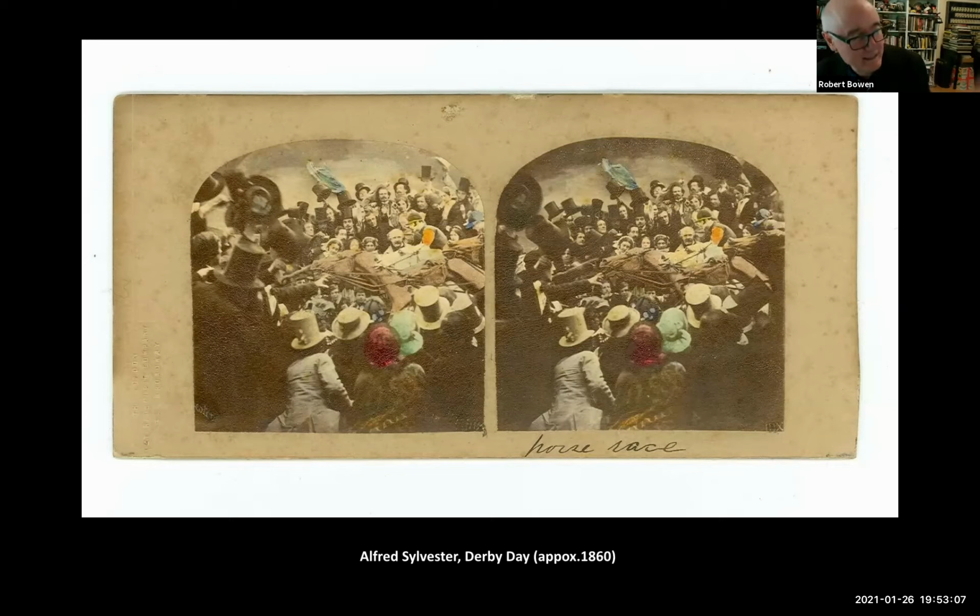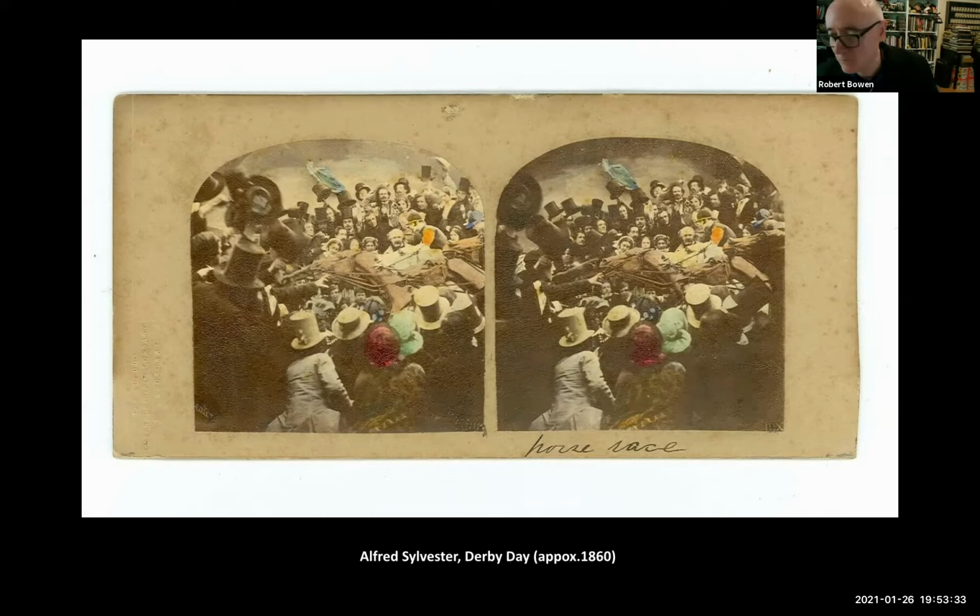Well, this image is not a true frozen moment. This is a simulated one, right? Because it's trying to show this frozen frame of the frenetic activity of this horse race.